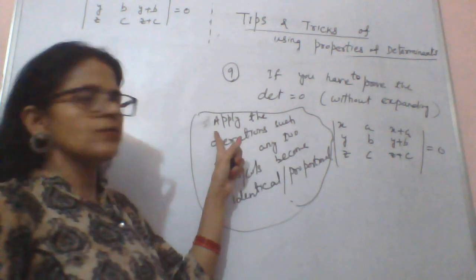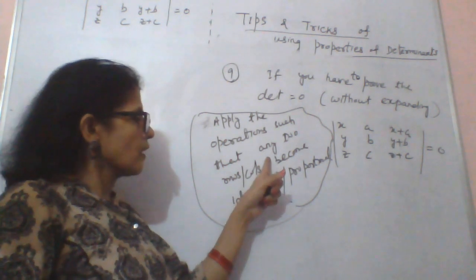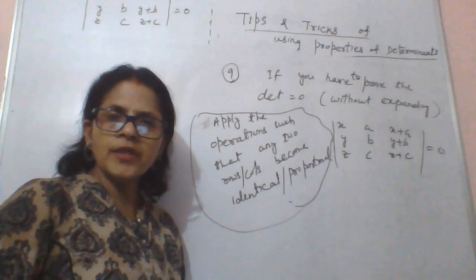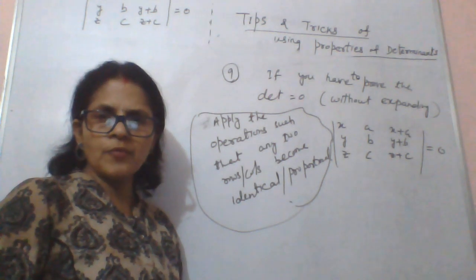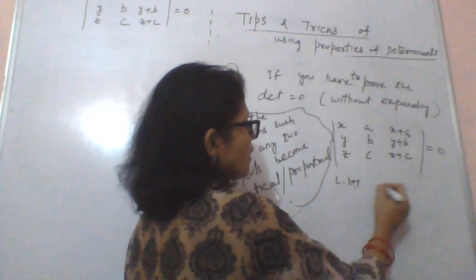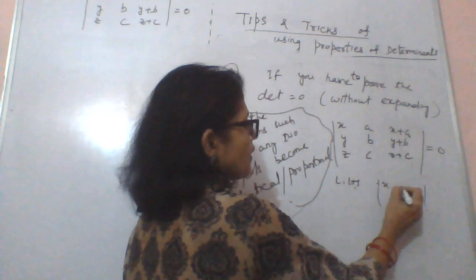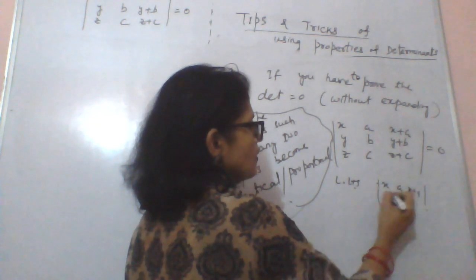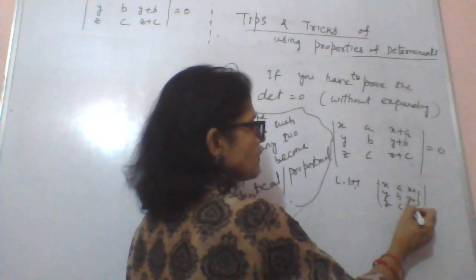So here what you need to do is apply operations such that any 2 rows or any 2 columns become identical or proportional. So here, if I take the LHS and write the determinant: x, a, x plus a; y, b, y plus b; z, c, z plus c.